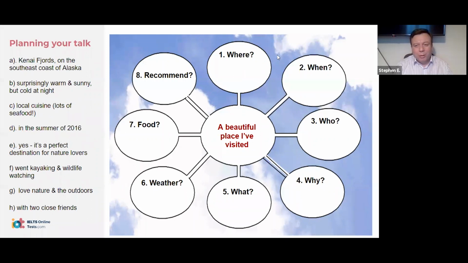There's a little bit of a delay on the chat box. So what is going to go in where? Ah, now they're coming. Okay, so Kenai Fjords on the south coast of Alaska. When?